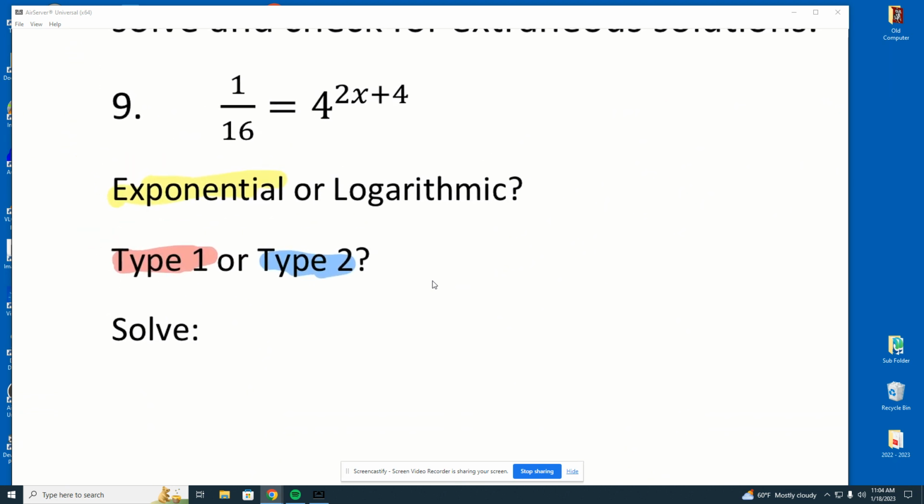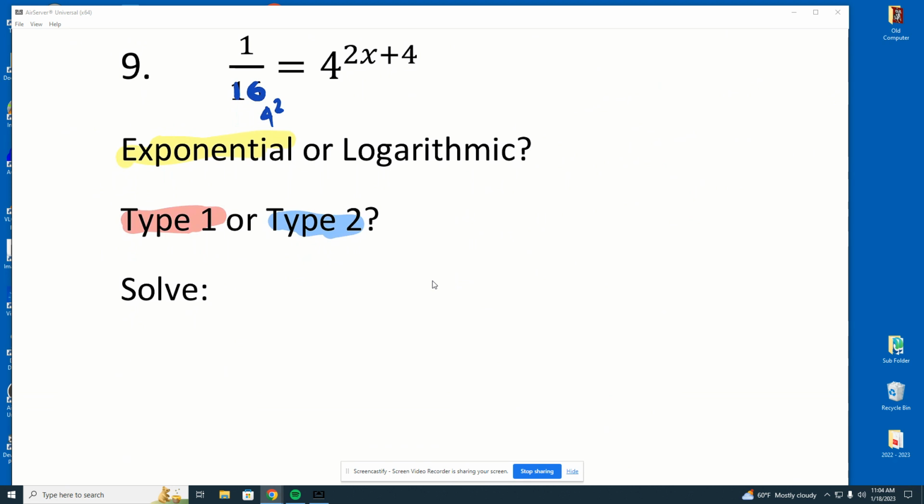Type 1. Can I make 16 have a base of 4? 4 squared, right? But because it's in the denominator, to move it up, I make it what? Exactly. 4 to the negative 2 equals 4 to the 2x plus 4. Could I have done that? Absolutely, I could have.